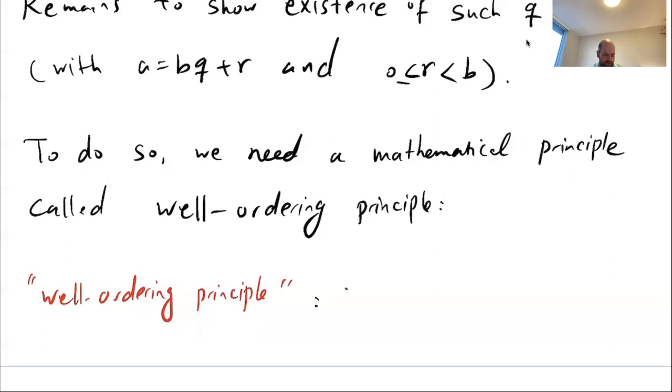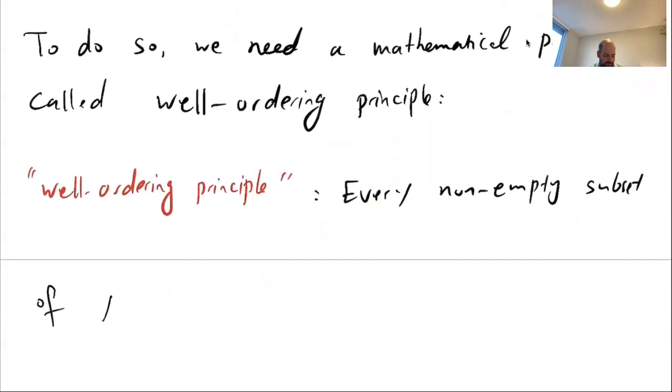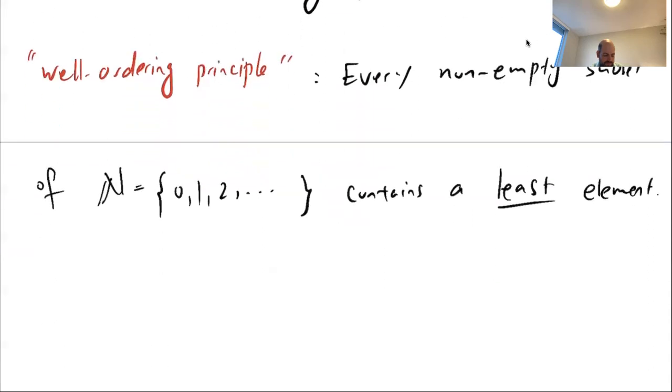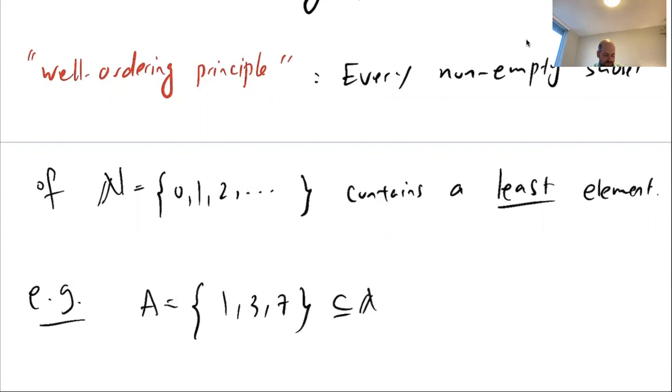So every non-empty subset of N equals 0, 1, 2, and so on, contains a least element. For example, if I say A equals {1, 3, 7}, it's a non-empty subset of N. And of course, it has a least element.